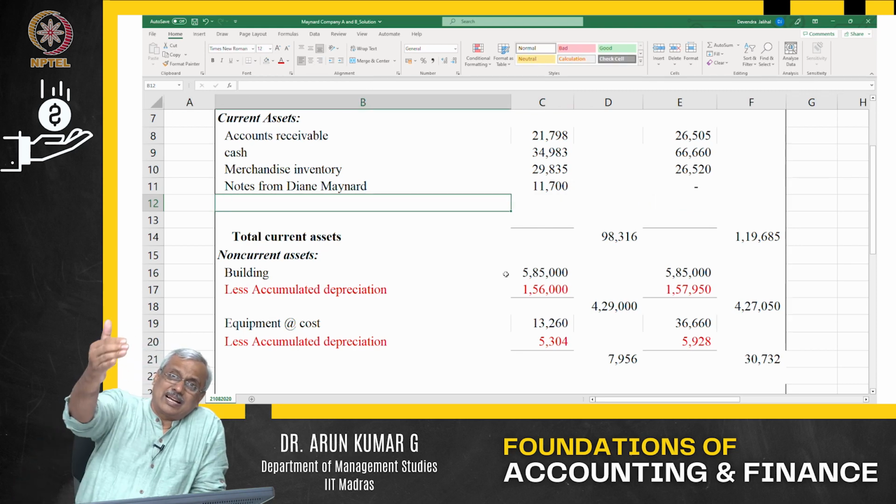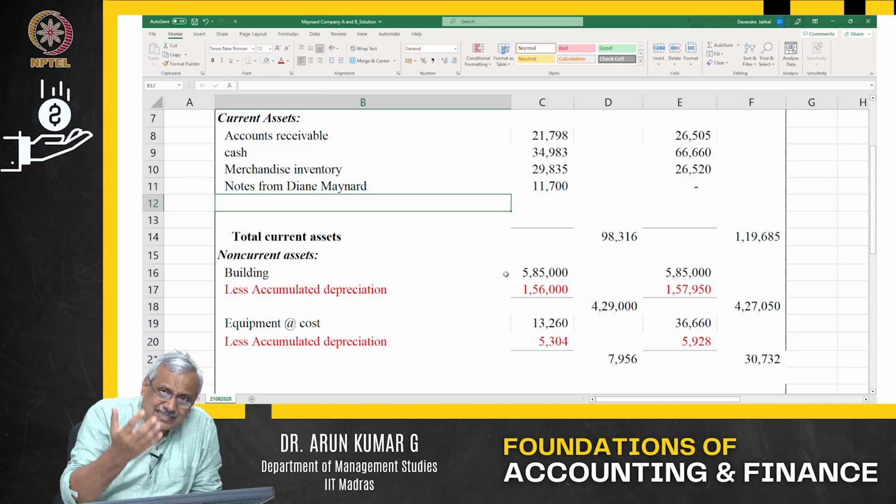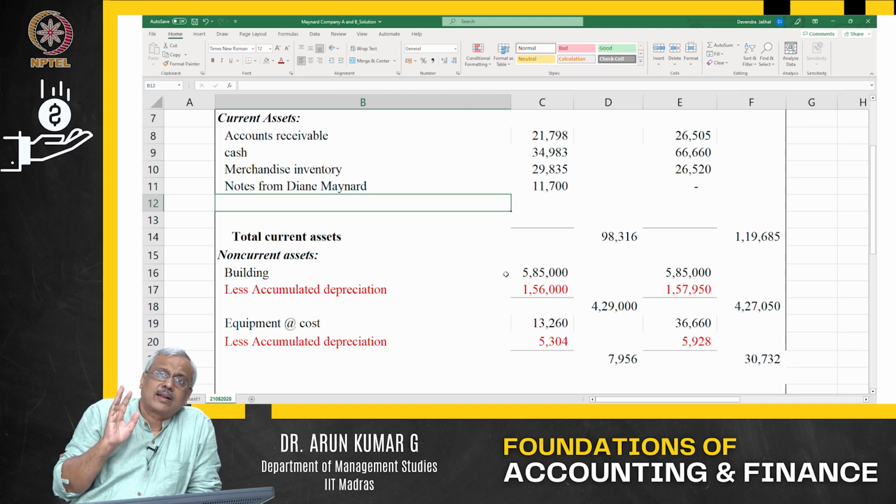Notes receivable, the company has to receive the money, so it is an asset. Maynard Company has to receive the money from Dan Maynard. So, it is an asset for you. That is it.